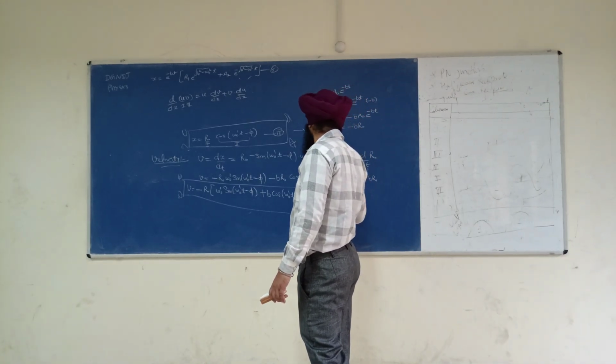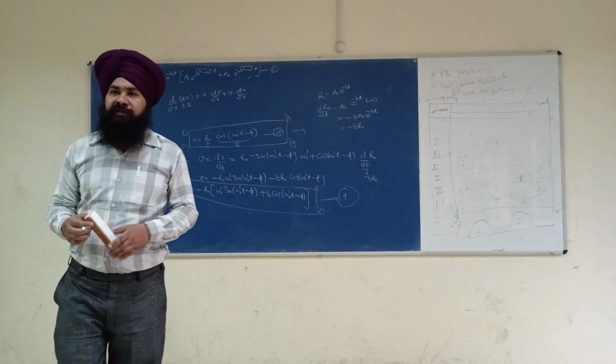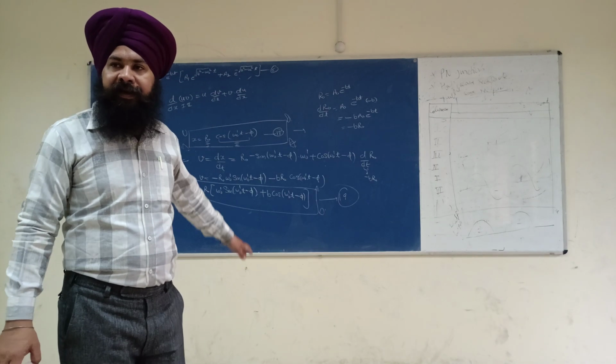This is equation number 19. Equation 19 represents velocity. Okay, any doubt?